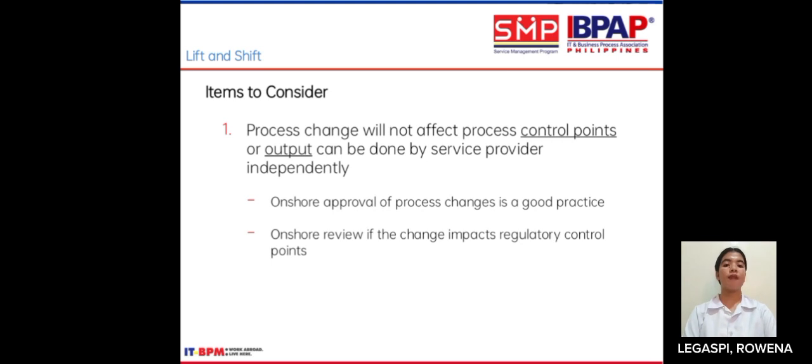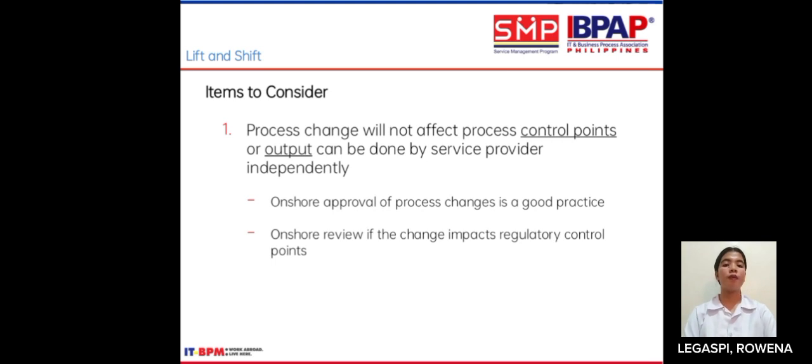So regarding the lift and shift approach for service management programs, there are a few considerations in relation to process changes. The first point states that if the process change does not impact process control points, or if the service provider can independently handle the output, then an onshore approval of process changes is a good practice. This implies that if the changes are within the realm of the service provider's capabilities and do not affect critical control points of the process, they can be approved at the onshore level.